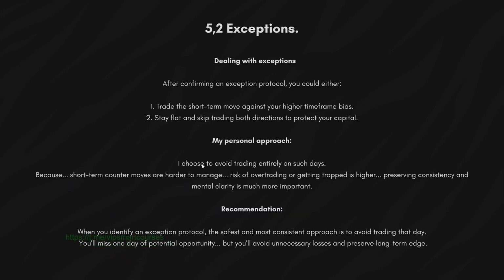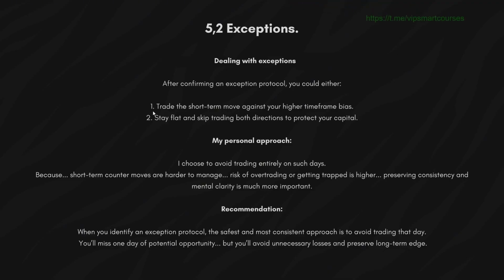So now that we've discussed the exception protocols and what the main ones are, let's talk about what to actually do with them when you spot one. After confirming or recognizing an exception protocol, you could do one of two things.